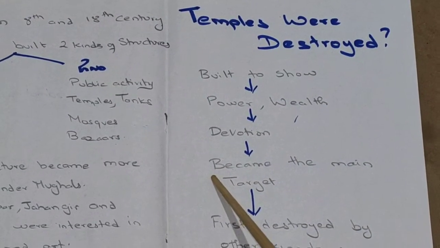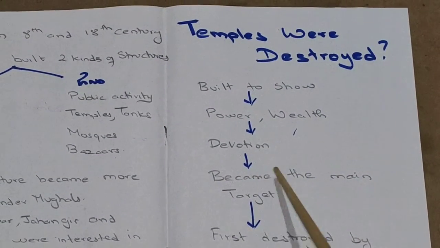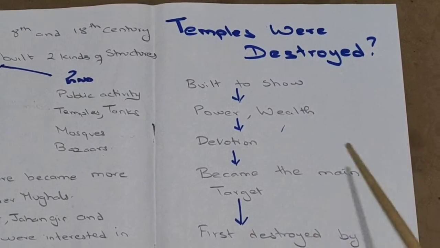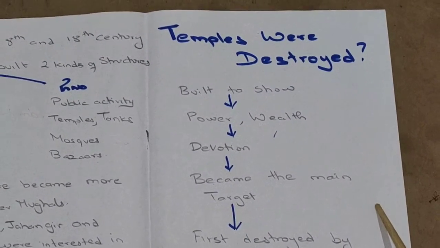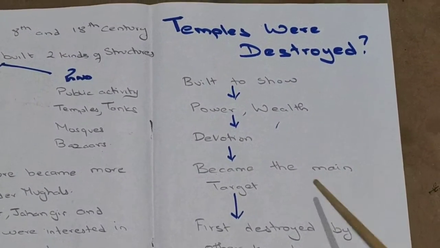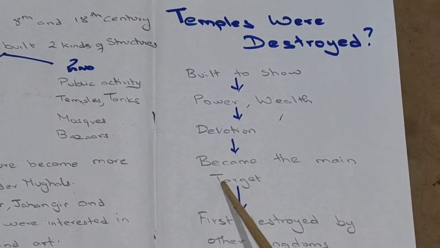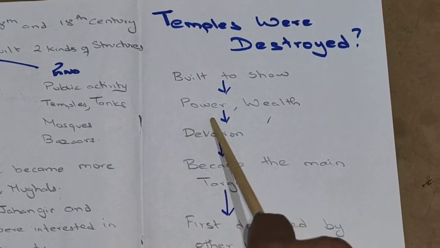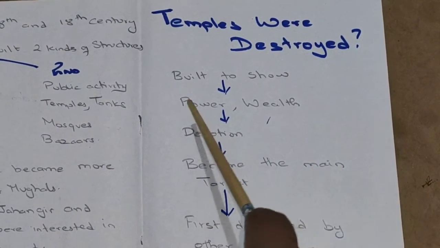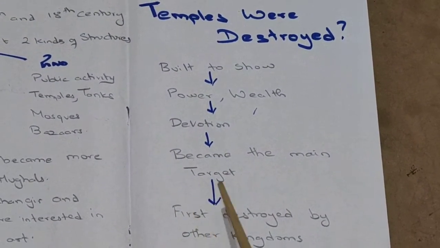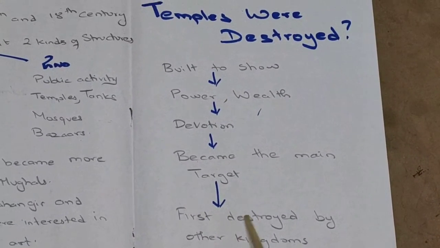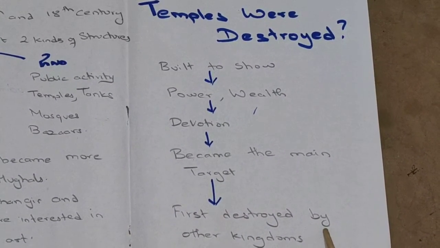So the temple became the main target for opposing kings. If a king had to attack a kingdom, they would first target the temple, because the temple is a symbol of the power and wealth of the king. So the kings first destroyed the temples.